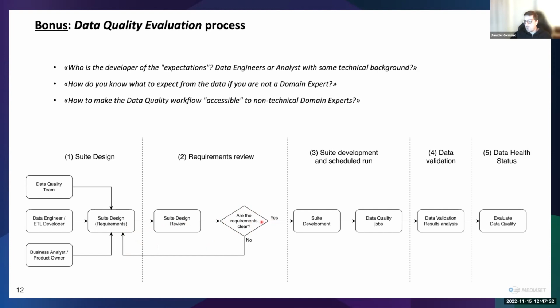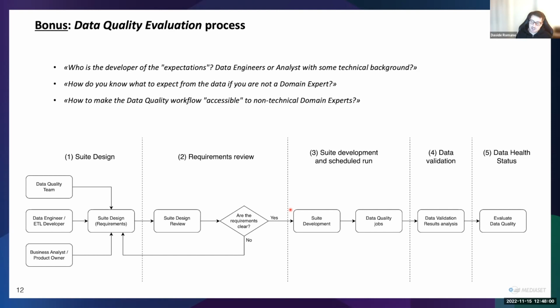Then, once the requirements are clear enough, you arrive at the third step, the suite development and scheduled run, which is basically the steps that we previously saw in the data quality workflow. But please notice a thing. Here, thanks to steps number 1 and number 2, basically we reached a complete and exhaustive requirements document, which was compiled by a domain expert.